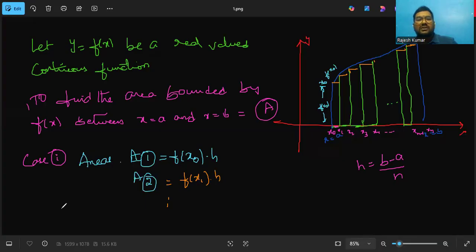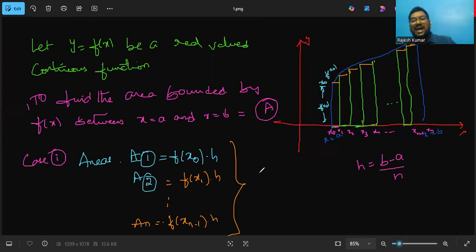When I'm talking about the nth area, look at my screen, look at my graph, please. I need to take this as a breadth and this as a length. And the length is nothing but f of xn minus 1. That is equal to f of xn minus 1 into h.